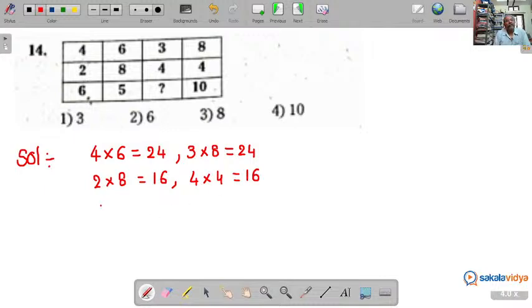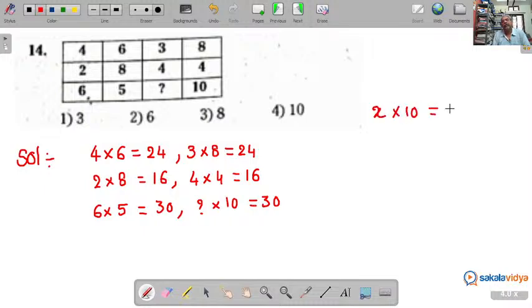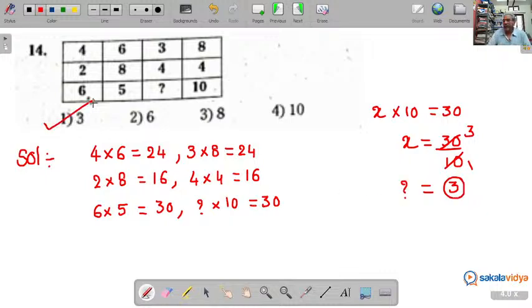Same, the third row: 6 times 5 is 30. Next, question mark into 10 must be equal to 30. Question mark means nothing but x, so x into 10 equals 30. Divide by 10 on both sides, x equals 30 upon 10, which is 3. So the question mark is equal to 3, and the first option is the right option.